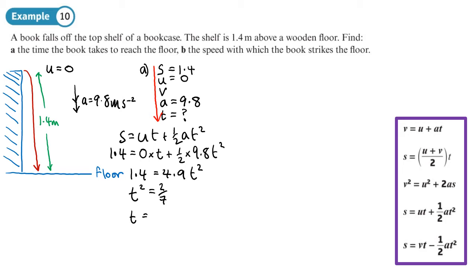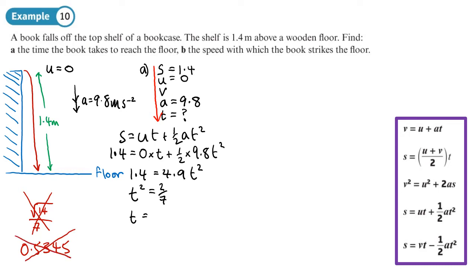Now, just like previously, if I wrote down root 14 over 7, I will lose a mark because that is exact, and we've taken a to two significant figures. Even if I wrote this as 0.5345, I'll lose a mark.